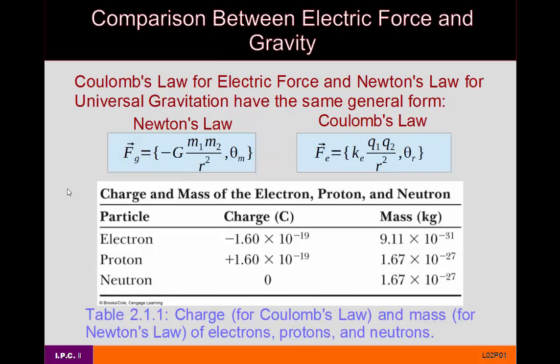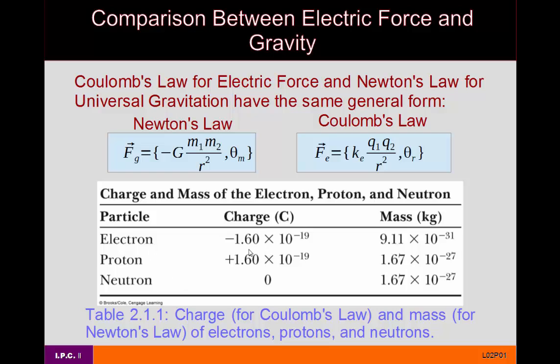So let's look at a comparison between electric force and gravity. So again, here's Newton's law for universal gravitation. Here's Coulomb's law. And if you look down here at this table, it's going to give the values of the charge and the mass for an electron, a proton, and a neutron.